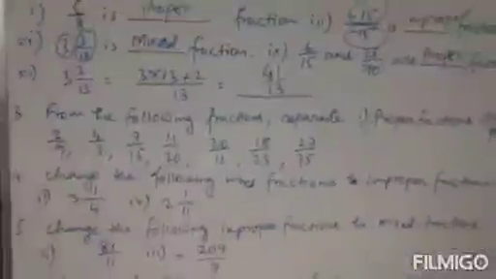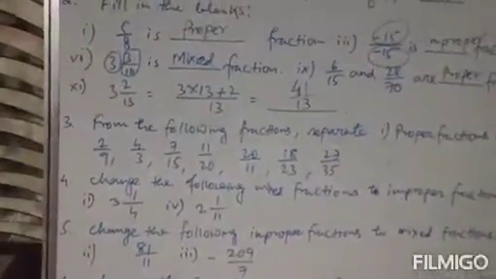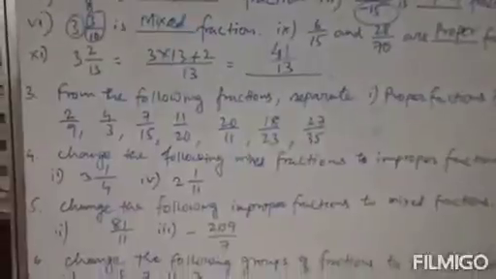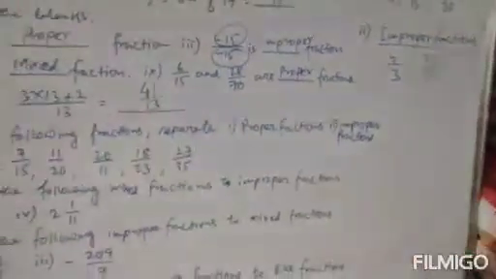Next fraction given is 11 by 20. 11 by 20 also is a proper fraction because numerator 11 is less than denominator, so 11 by 20 is a proper fraction. Next fraction given is 20 by 11. 20 by 11 obviously is an improper fraction because numerator is 20 which is greater than denominator.